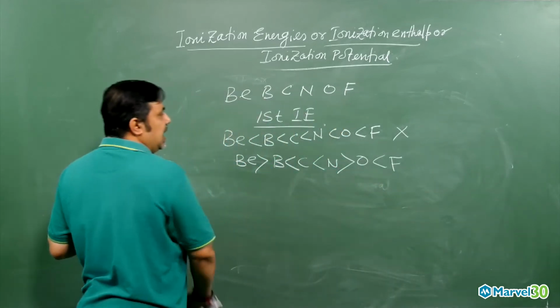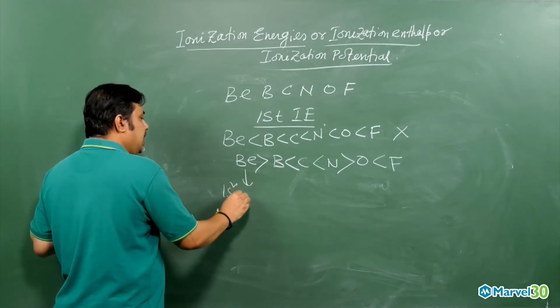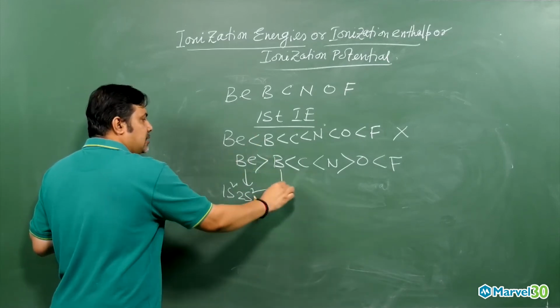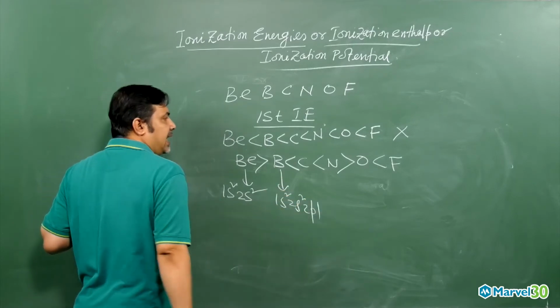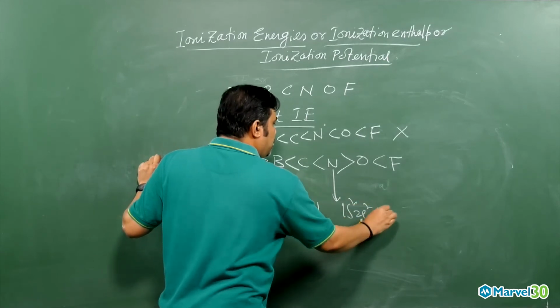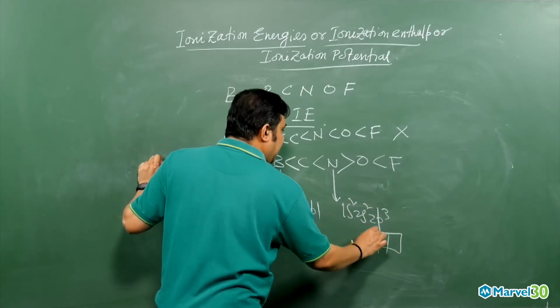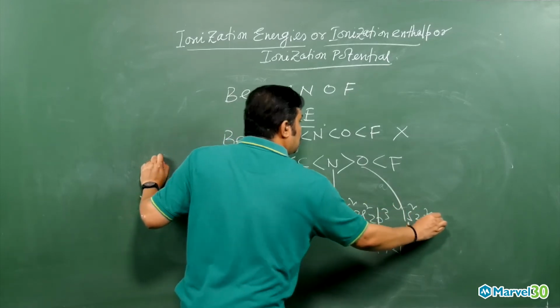If you look at the electronic structure, beryllium is 1s2, 2s2, whereas boron is 1s2, 2s2, 2p1, and nitrogen is 1s2, 2s2, 2p3. 2p3 is a half-filled configuration, and oxygen is 1s2, 2s2, 2p4.